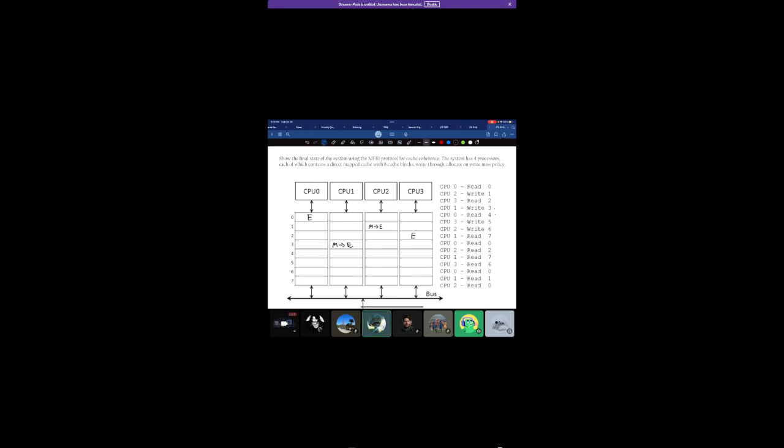CPU 0, we read 4. We don't have 4, so we go to main memory, grab it, and put it in the cache. 4 is exclusive. CPU 3, we write 5. We don't have 5 again. Same thing. CPU 2, we write 6. We don't have 6.